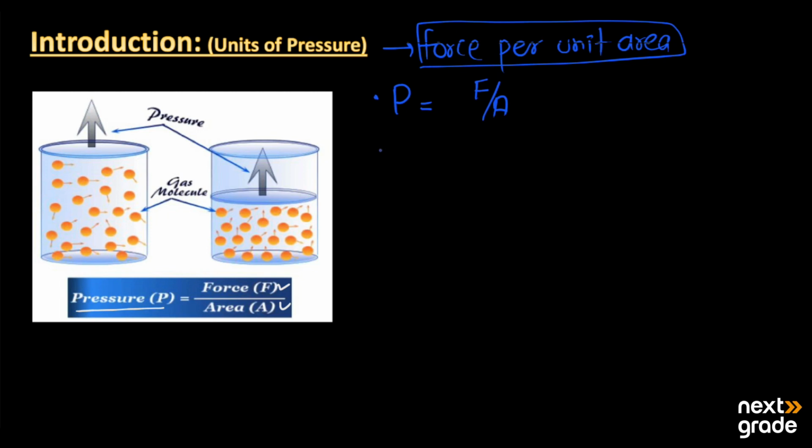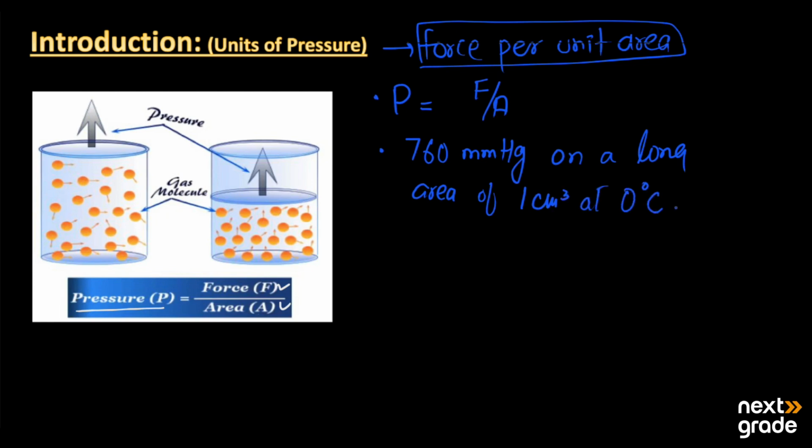So by definition, in simple terms, it is the force that is exerted by 760 millimeter of mercury on an area of just 1 centimeter cube at a temperature of 0 degree Celsius.